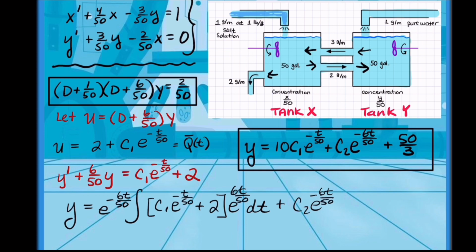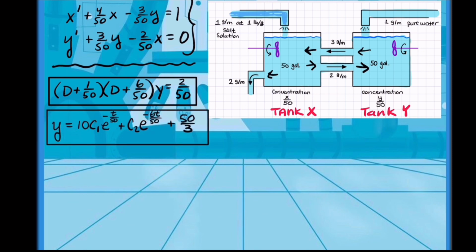Now what we do with this is we just simply substitute this into our system of equations, just like you would when you find a solution for a regular system of equations. We take this solution and back substitute it into this equation here.